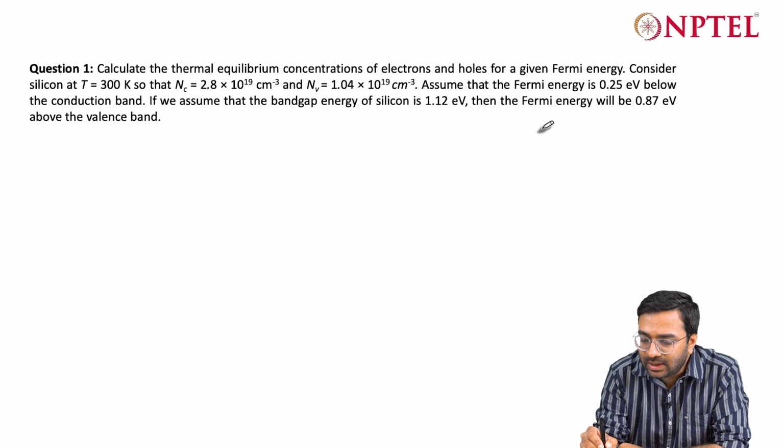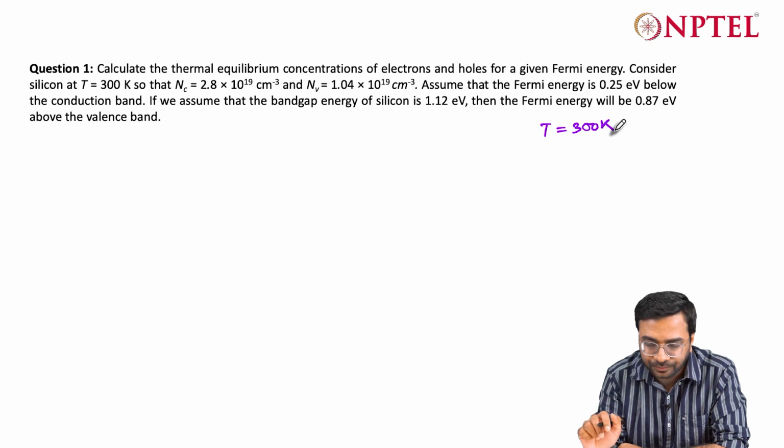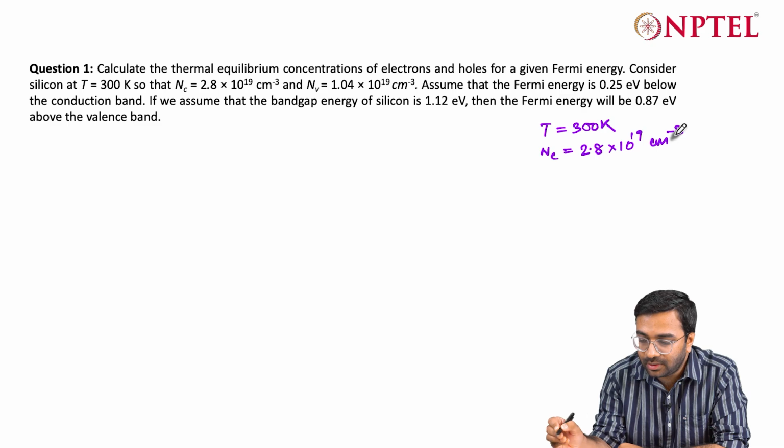So, the temperature T is given to be 300 Kelvin. So, this part is clear. And second thing is, at T equal to 300 Kelvin, the value of Nc is also given, which is 2.8 into 10 to the power 19 per centimeter cube.